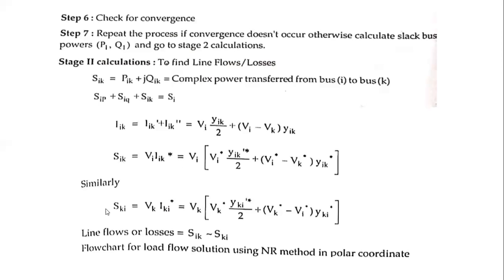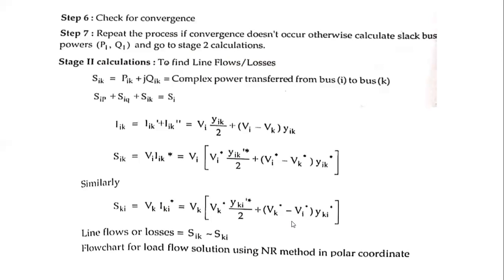Similarly, we can write the formula for SKI, that is equal to VK into IKI conjugate. Instead of I we take K, and instead of K we take I. So VK conjugate YKI conjugate by 2 plus VK conjugate minus VI conjugate into YKI conjugate.